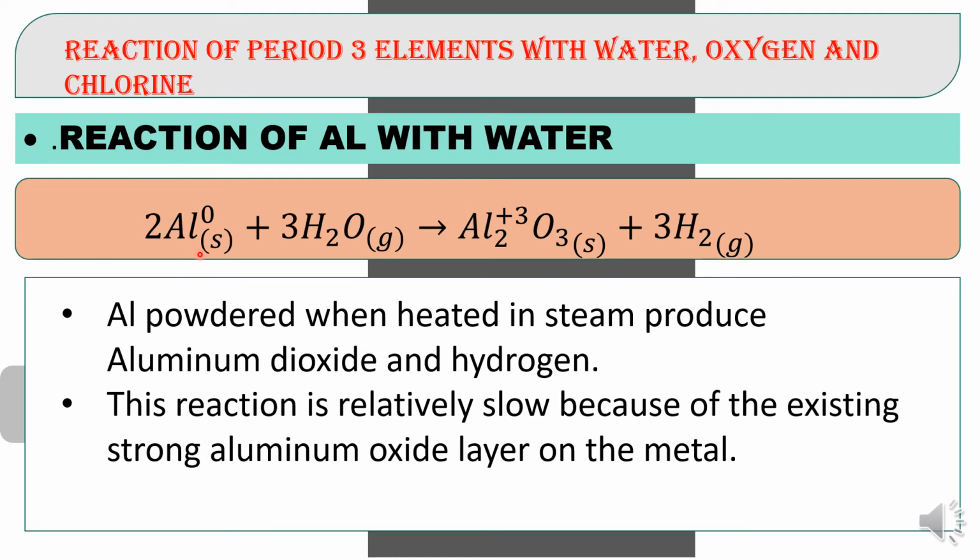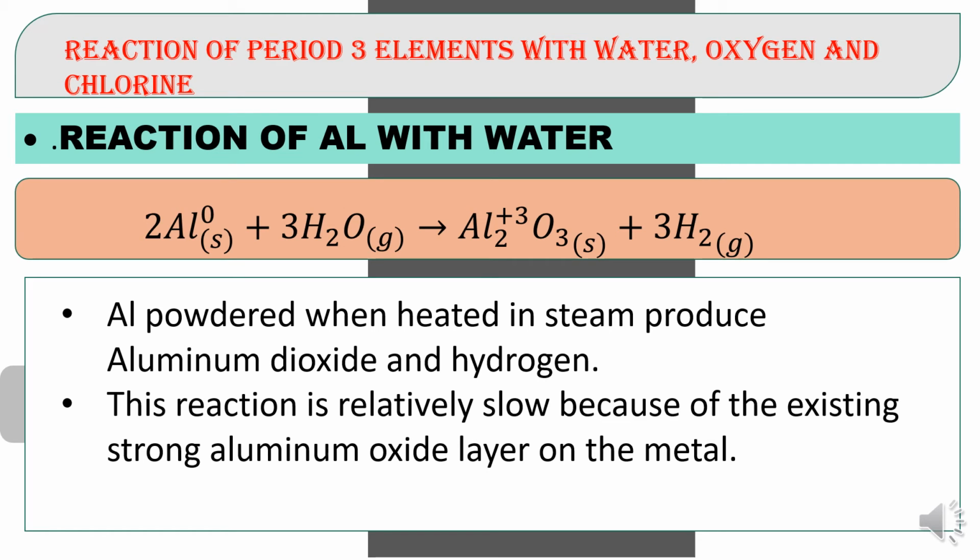When aluminium oxide is formed, it deposits as a white hard layer on the aluminium metal and stops further reaction. But when we use the powdered form of aluminium metal, we have a large surface area for the reaction, and in such a condition the reaction completes successfully.